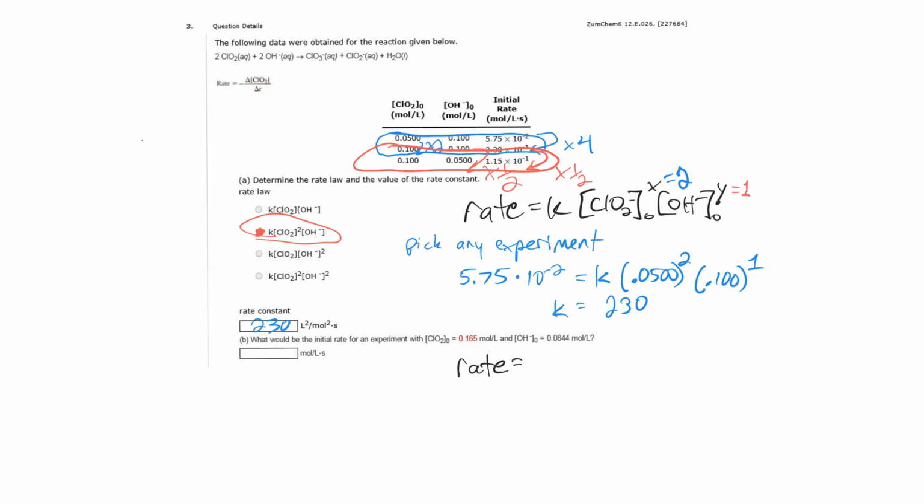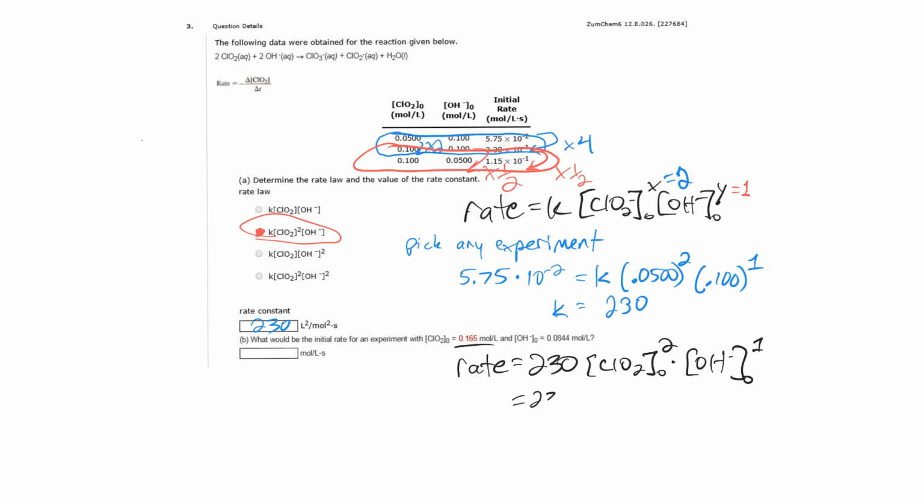The rate will always be the value of the rate constant K, 230, times ClO2 concentration squared, times hydroxide concentration to the first power. Well, we're just going to plug in the numbers that they give us.